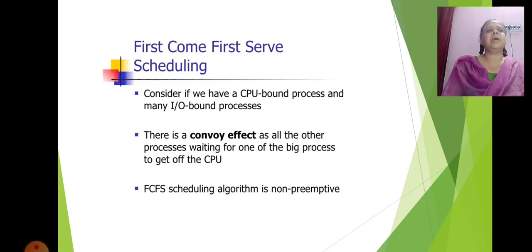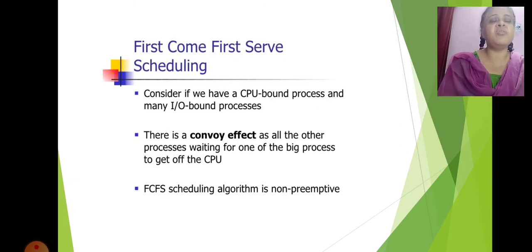The CPU bound process will then move back to the ready queue and be allocated the CPU. Again, all the IO processes end up waiting in the ready queue until the CPU bound process is done.